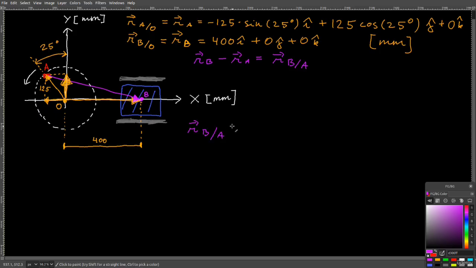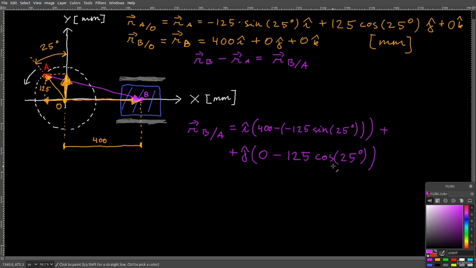So RB with respect to A equals i times (400 minus 125 times sine 25 degrees), plus j times (0 minus 125 times cosine 25 degrees), and plus k times (0 minus 0). So your displacement vector equals 452.8i minus 113j plus 0k.